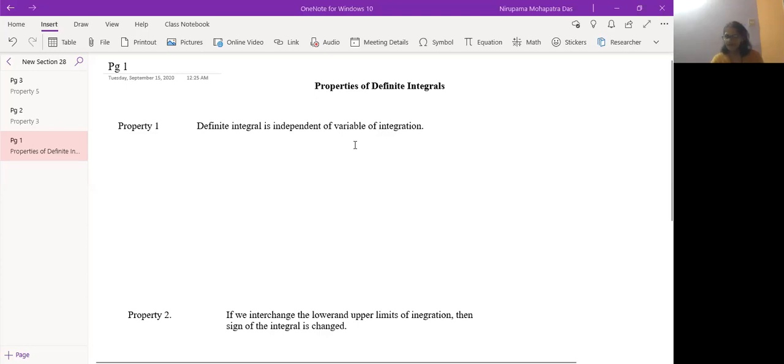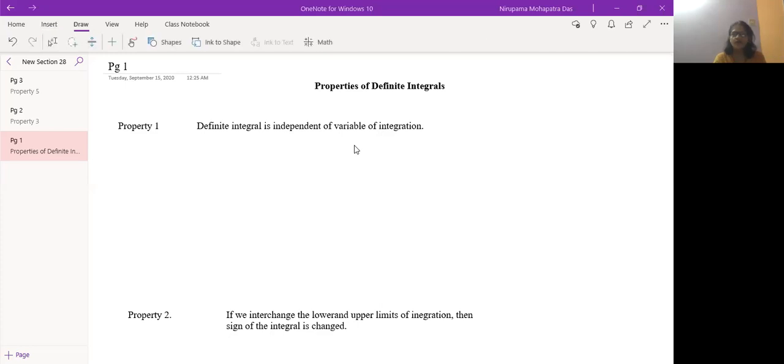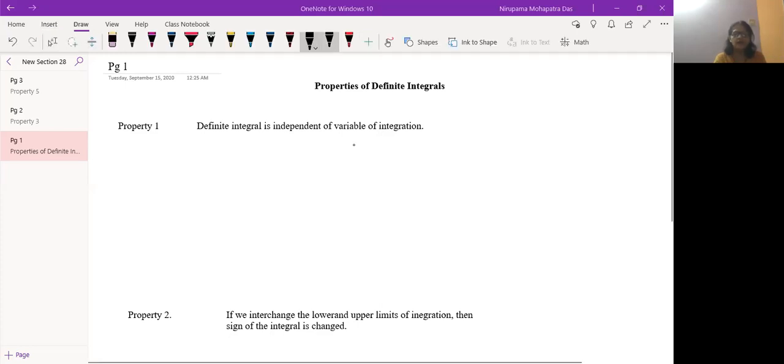To start with properties of definite integrals, the first property is: a definite integral is independent of the variable of integration. What does it mean? For example, if I write the integral from a to b of f(x) dx, here the variable of integration is x.